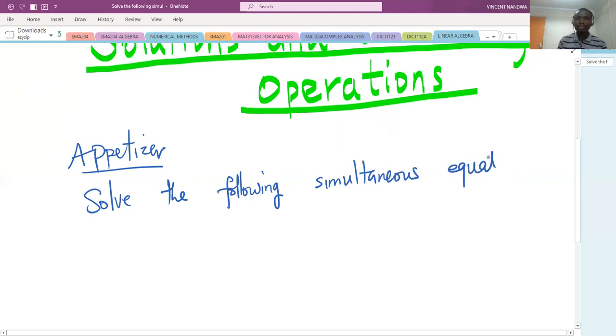Probably this one has been done in your high school. It's 2x1 plus x2 equals 1, and x1 minus x2 equals 1.